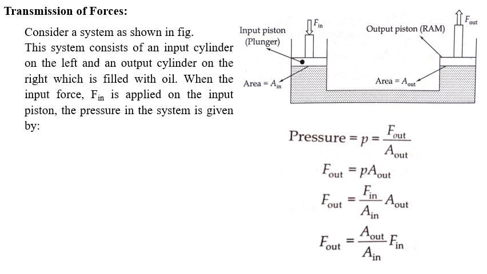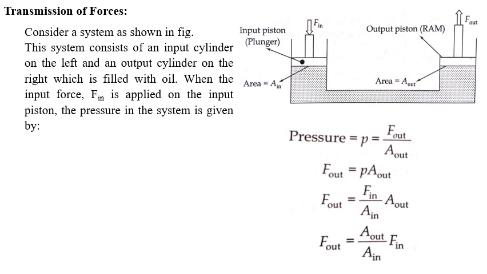P equal to F out by A out. Just cross multiplication: F out equal to P into A out. As you know, P is the same throughout the passage. So P equal to F in by A in, force input divided by area input.